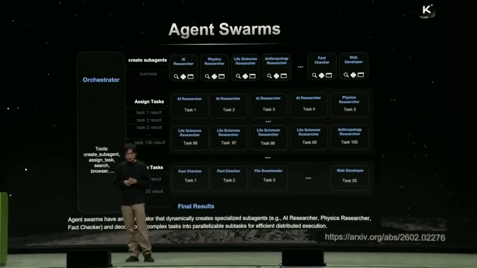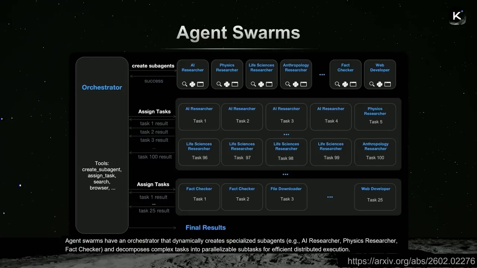So here is a diagram to showcase how we design this agent swarm paradigm to solve some of the more complex tasks compared to single agent paradigms. Here we have an orchestrator, or you can call it a main agent. It's responsible for orchestrating tasks. It has different options.